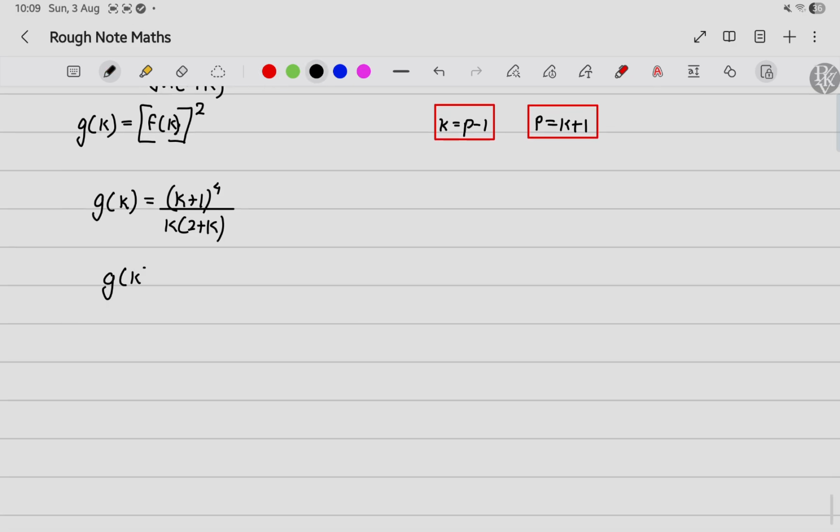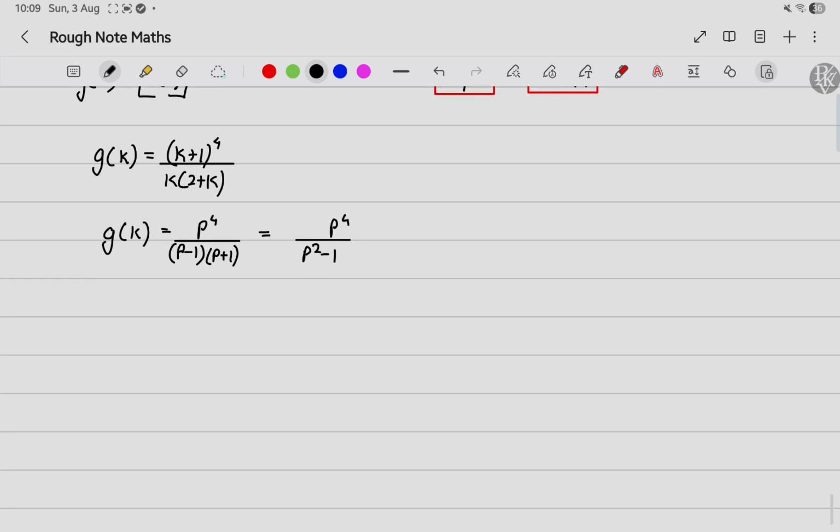So g of k will be equal to k plus 1, that is p, raised to 4 whole divided by k, which means p minus 1, times k plus 2, that is p plus 1, and this becomes p raised to 4 whole divided by p square minus 1.